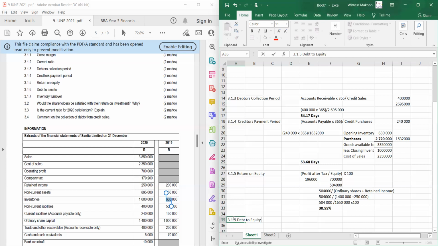All right, so we come here and say total debt divided by total assets. That means we are taking all the long-term debt and the long-term assets. So we come here, times 100. Let me say times 100.